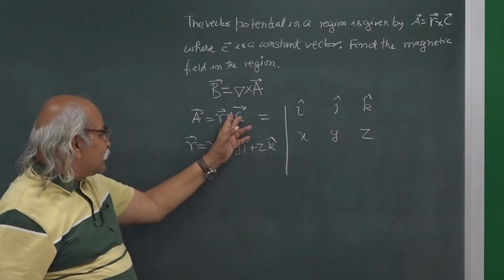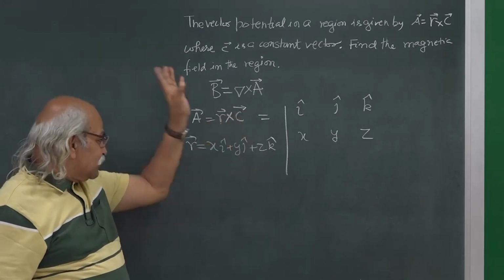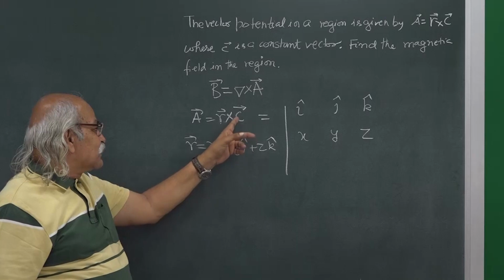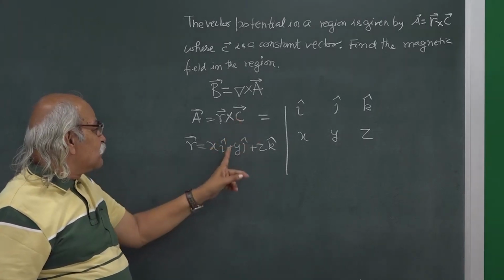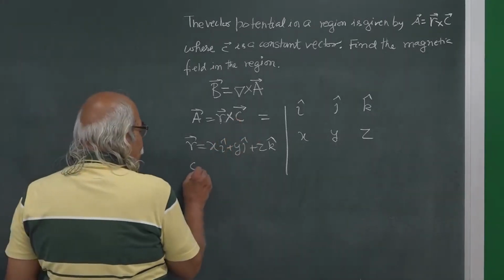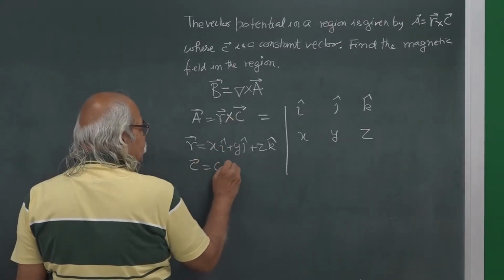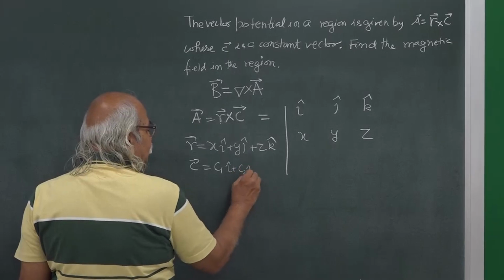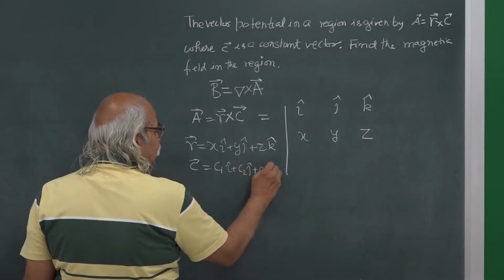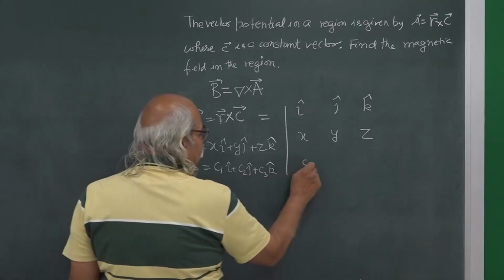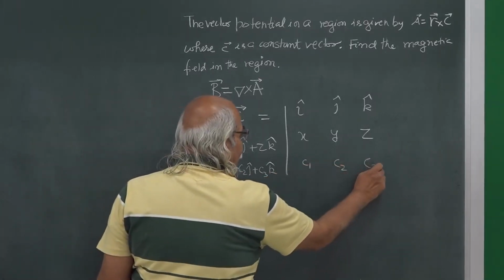And then the second vector, the three components of the second vector will go in the third row. Suppose this is a constant vector, so this will be some c1 times i cap plus some c2 times j cap plus some c3 times k cap. And these components will go here, c1, c2 and c3.